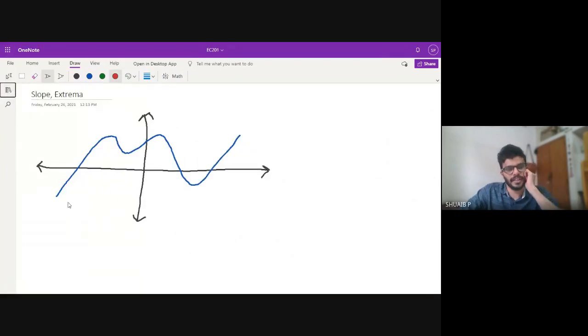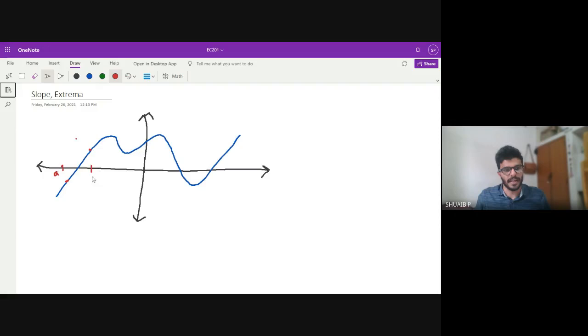So here you can see for this function, you can define a particular interval and get the difference of f of a and f of b.